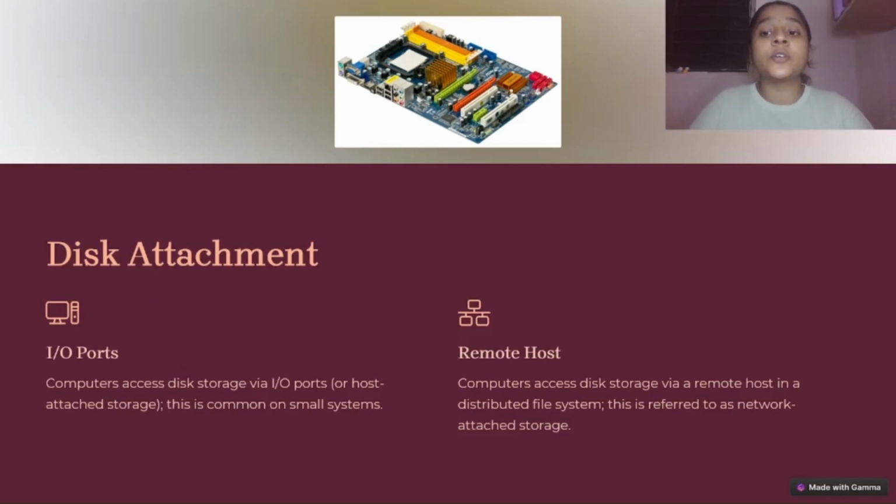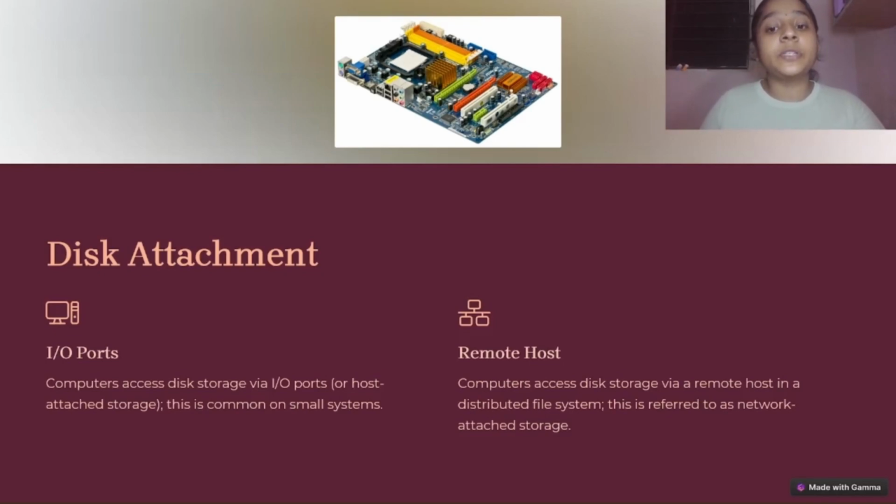Disk storage is a crucial component for computers, allowing them to access and store data. There are two main ways computers can access disk storage. First, input output ports. This is the most common method for small systems where the disk is directly connected to the computer. Second, remote host: in a distributed file system, the computer accesses disk storage via a remote host, known as network attached storage.